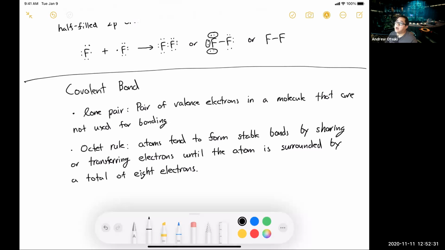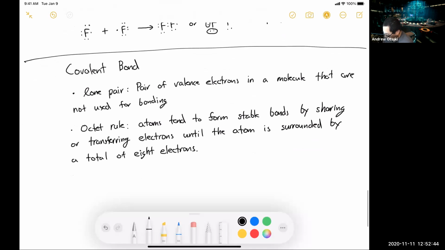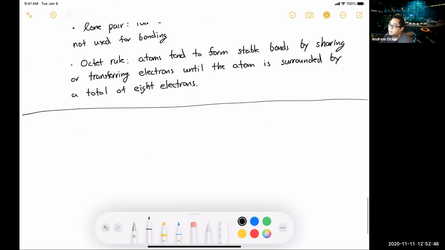Now we're going to talk about 2 classes of covalent bonds. Polar is a term I'm going to use in a minute. So let's talk about those 2 types of bonds. Now we have 2 classifications of covalent bonds.